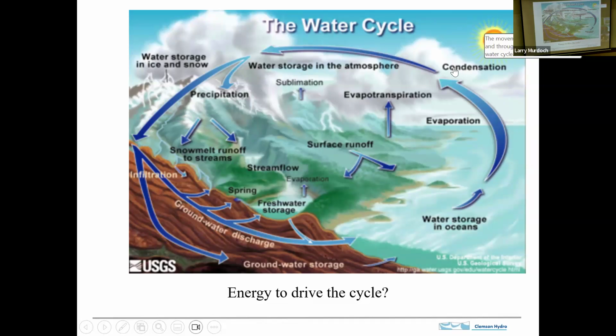And that energy comes from the thermal energy from the sun, and that causes evaporation. And we start here at the low point in the ocean. We have evaporation that causes the water molecules to move upward and gain potential energy.